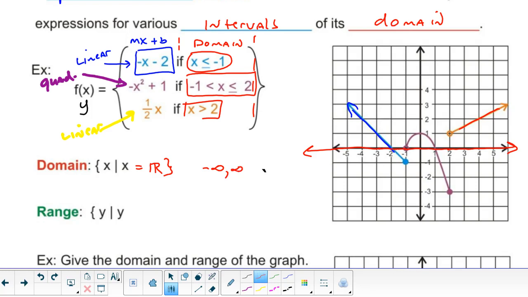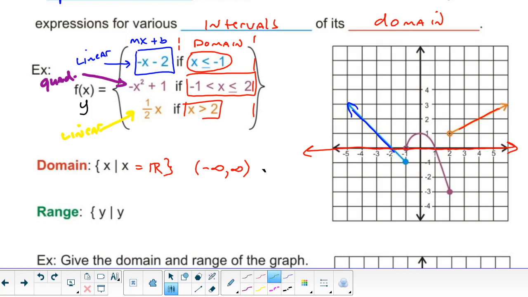Now we use two symbols: either a parentheses or a bracket. Use a parentheses when the value is not the specific value, and use a bracket when it includes that specific value. Infinities don't have a specific value, so they're always parentheses. So that's the interval. Now I'll show you the other way when we do the range.